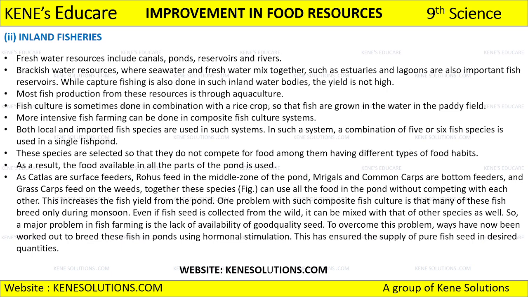These species are selected so that they do not compete for food among them, because they have different food habits. As a result, the food available in all parts of the pond is used. Catlas are surface feeders, rohus feed in the middle zone, mrigals and common carps are bottom feeders, and grass carps feed on weeds.